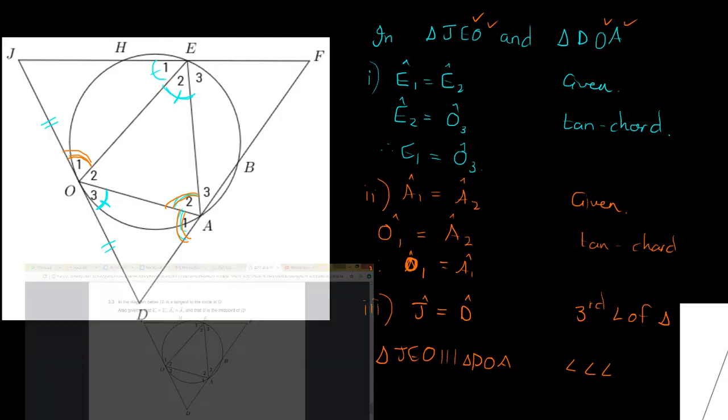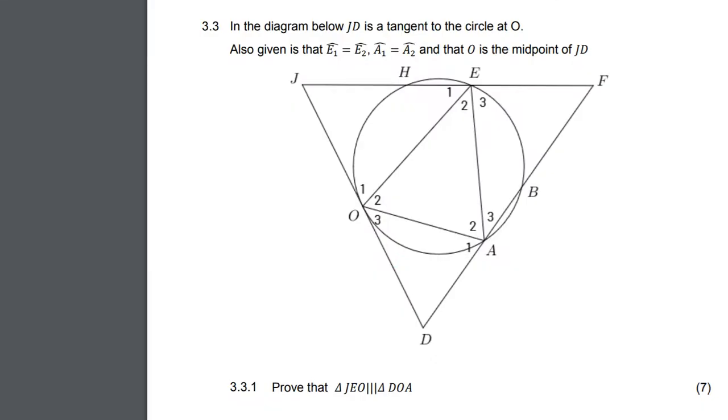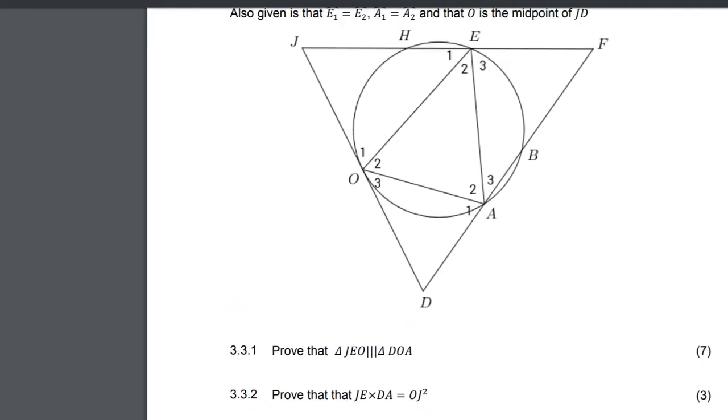Great stuff. Okay, so next question. Prove that JE times DA is equal to OJ squared. So remember, OJ is equal to OD.